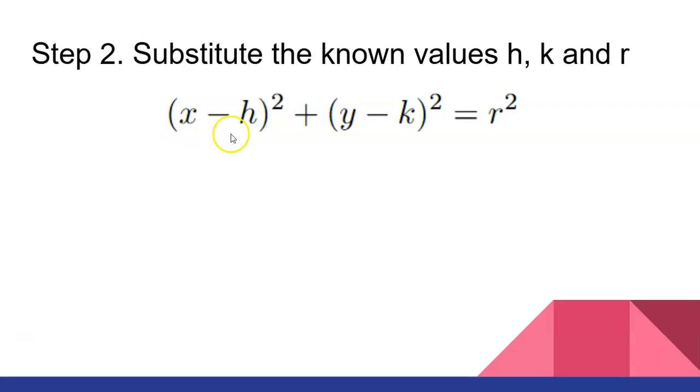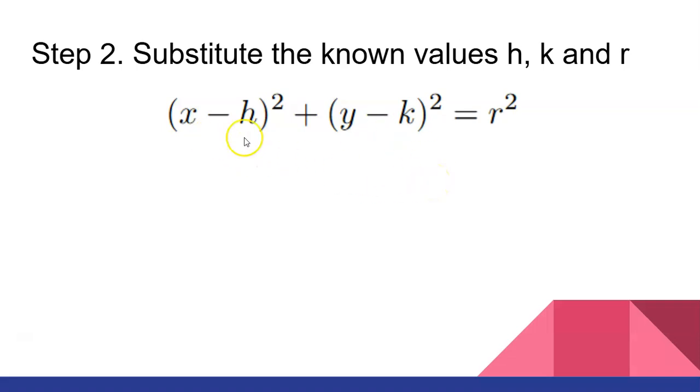Next, we substitute the known values for the center (h, k) and the radius r, while keeping x and y as variables. Why? This allows us to generalize the equation and represent all points (x, y) lying on the circle.